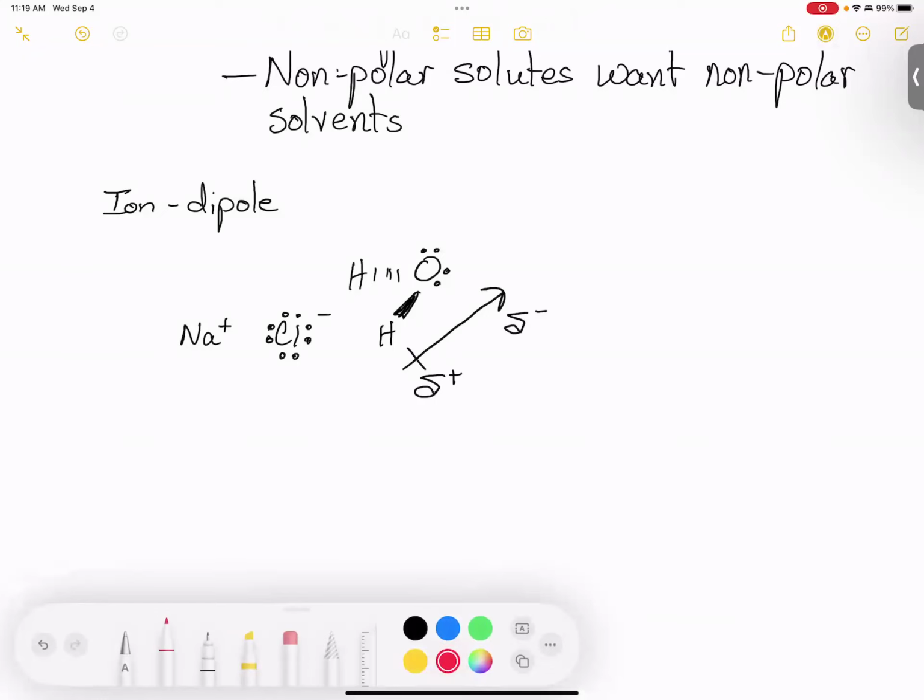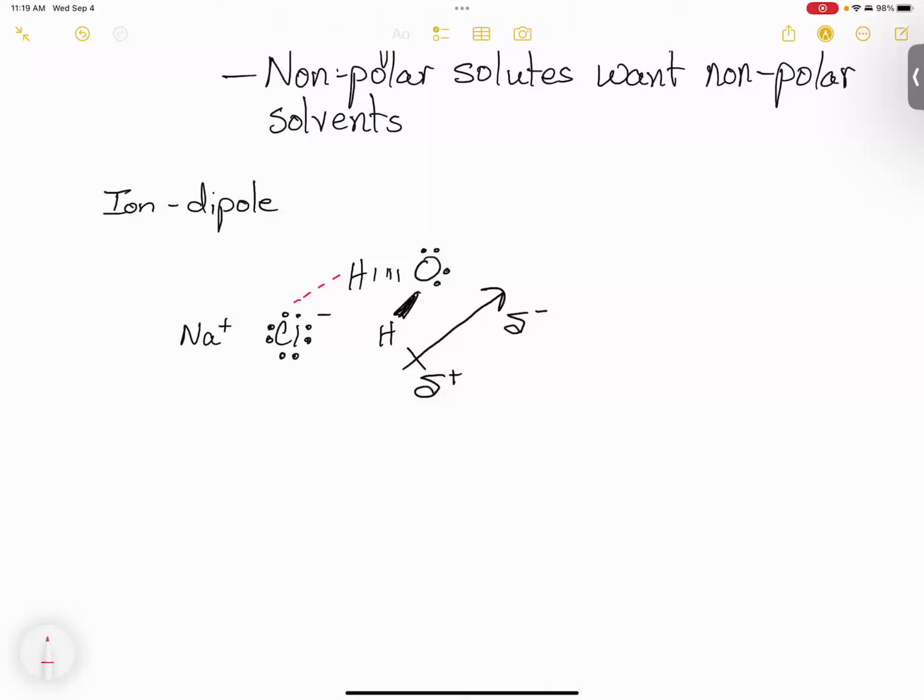The positive end of the hydrogen forms an ion dipole interaction with the negative end of the sodium chloride.